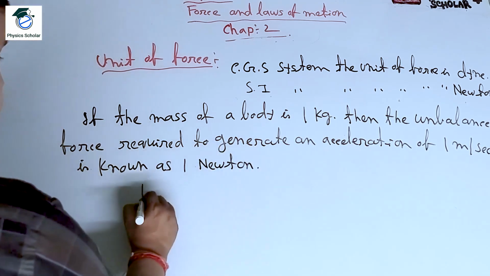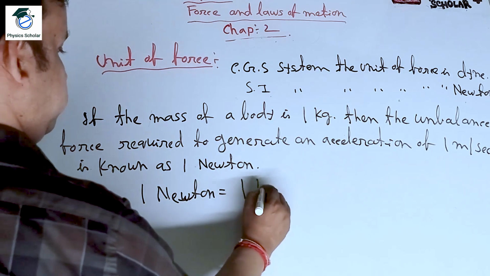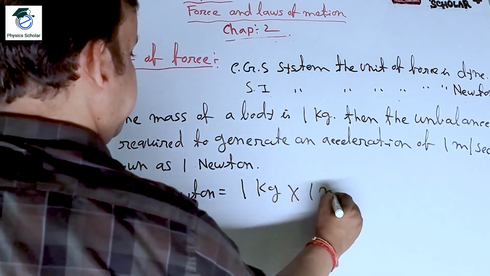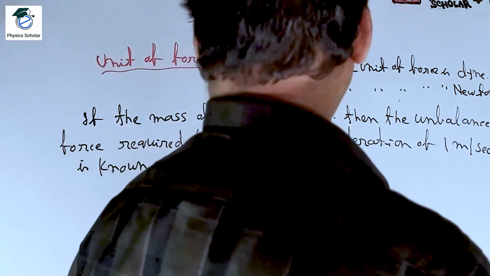Therefore, 1 Newton is equal to 1 kilogram into 1 meter per second square. So this is known as 1 Newton.